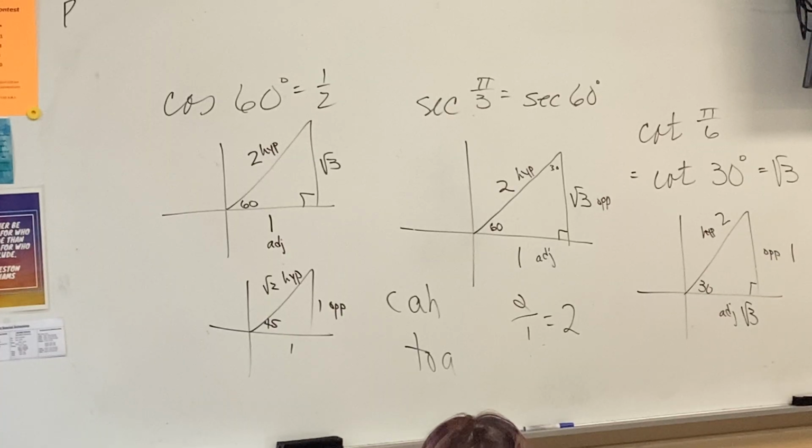It's the reciprocal of the cosine. So type 1 divided by cosine 10. Secant is 1 over the cosine. Reciprocal, 1 over. So 1 divided by cosine 10, and you should have gotten 1.0154.